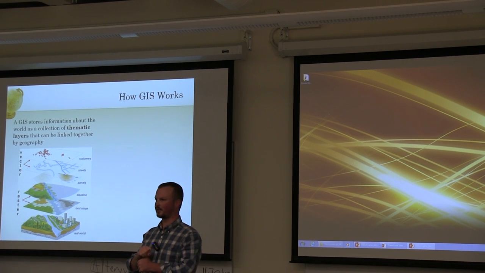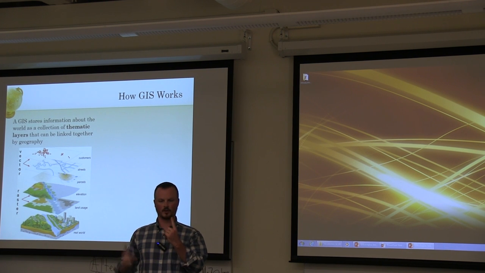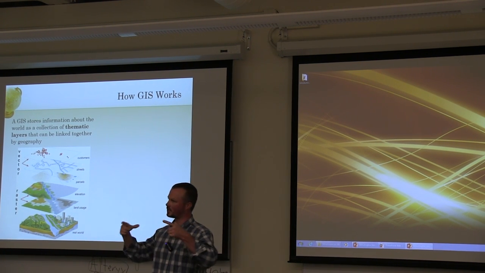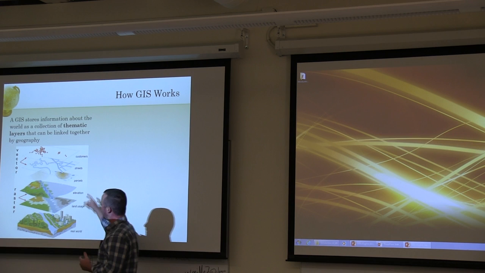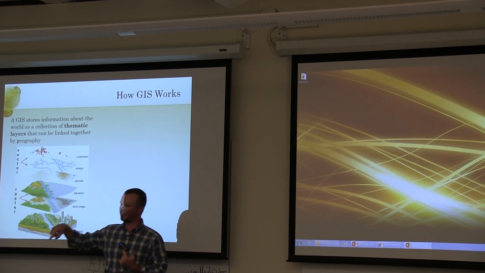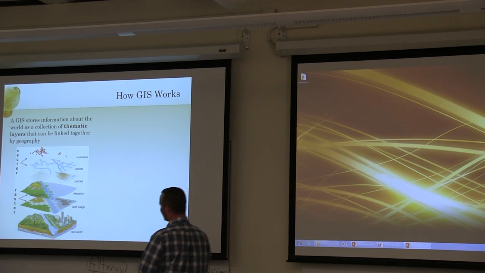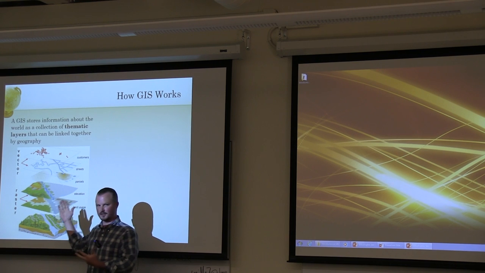So they're not defined everywhere. It takes, say, one coordinate to define a point, or a bunch of individual coordinates, say a collection of points. They might be points that are linked together in a line, or they may bound some area and form a polygon. Right, so vector data are discrete, so they're not defined everywhere.